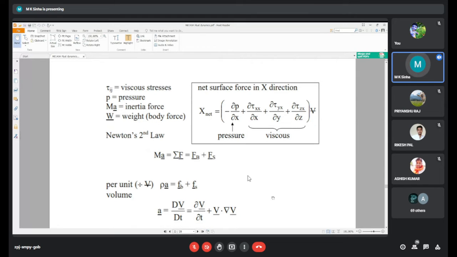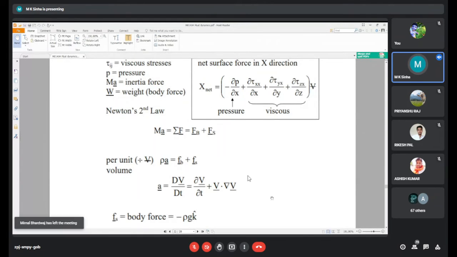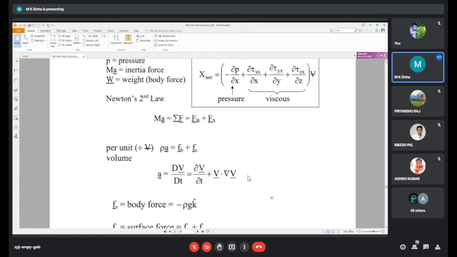So per unit volume, the mass is replaced by the density times volume. So mass times acceleration is equal to the body force plus surface force, and acceleration is the total derivative of the velocity, equal to the local acceleration plus the convective acceleration.